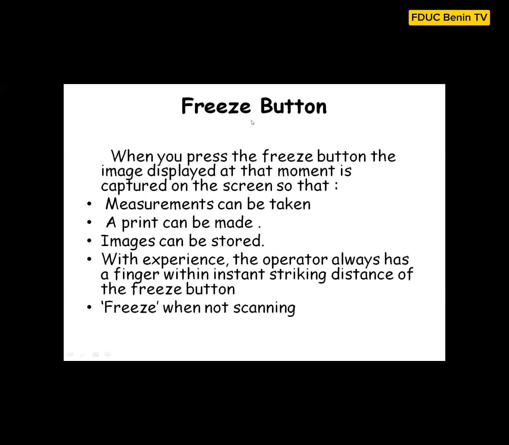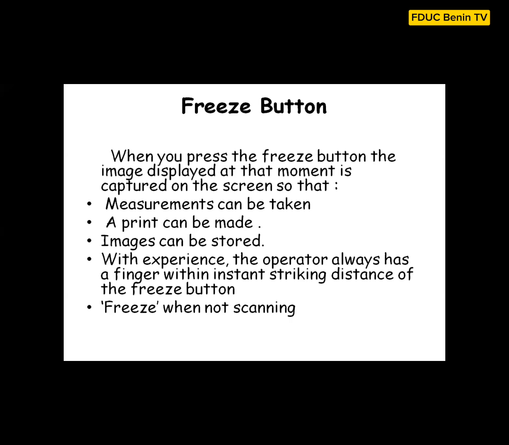Freeze button. This is one of the buttons that, when we start scanning newly, we love. It's our friend, because immediately we see an image of the area of interest or optimal plane, and we are worried that we don't want to lose it, so your hand just quickly goes and you freeze. But as you become more conversant with scanning, you are not so worried, because if you have learned the principles of scanning, even if you lose an image, you can always get it again.